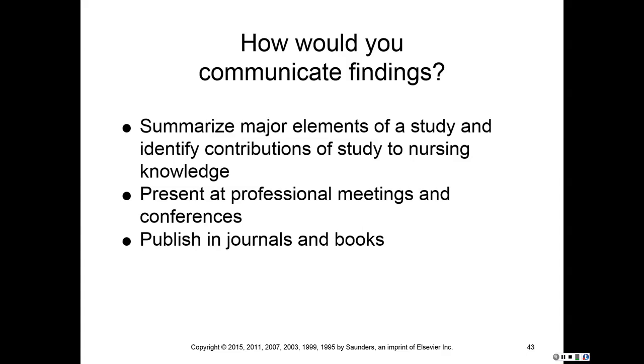So if you had a study and you wanted to get it published, if you were doing a quasi-experimental or an experimental research design study, you would go to the research journals. And if you did a study that was strictly applied, you'd probably want to look at the clinical journals.